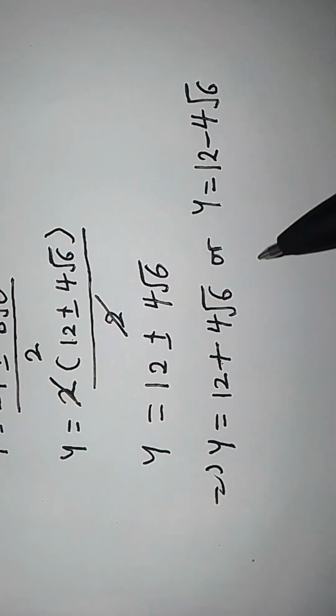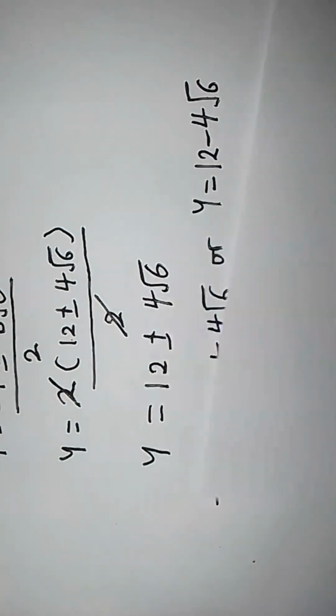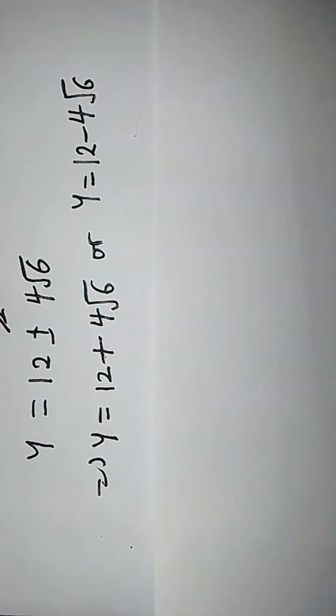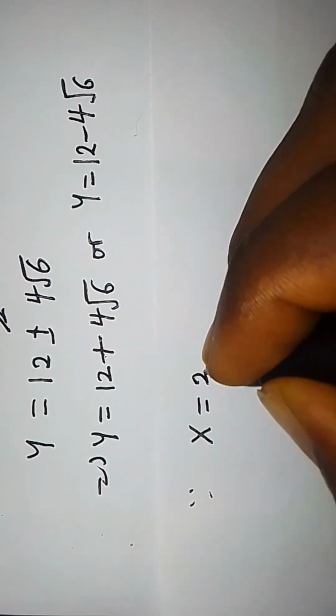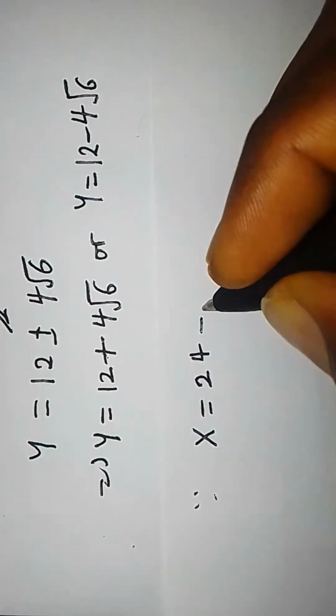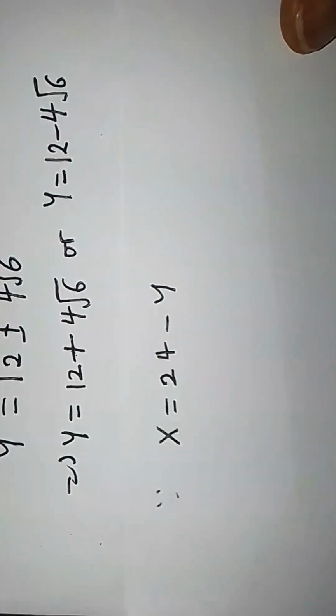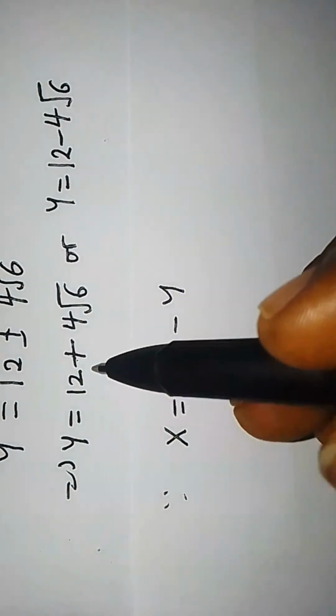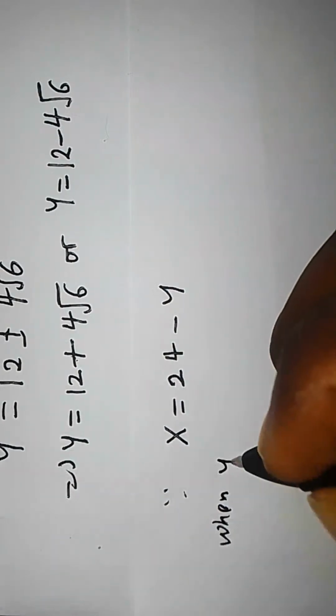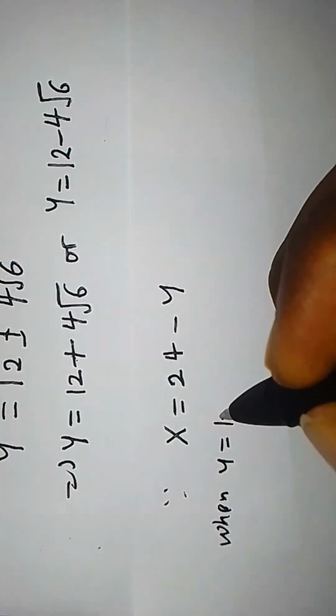They are distinct. So let us use these two values to obtain the value of x. Since we already know that x is equal to 24 minus y, considering this value of y first, when y is equal to 12 plus 4 root 6.